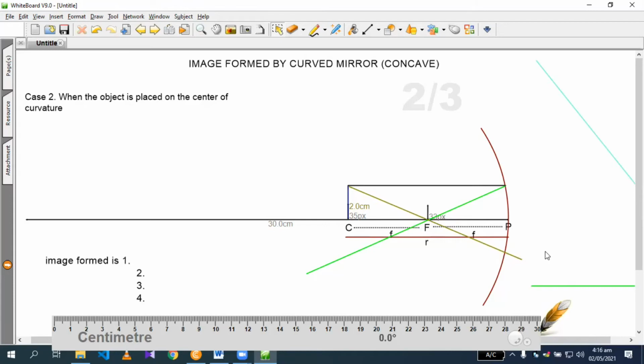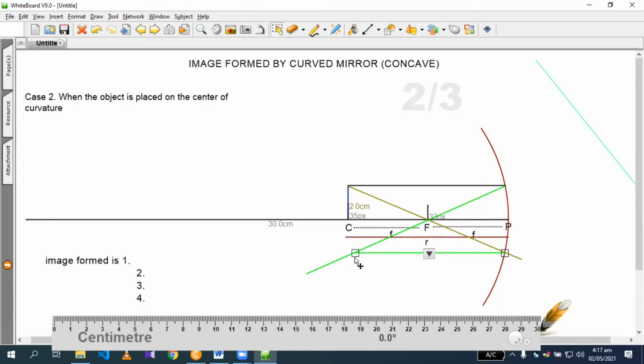That too will hit the mirror, and when that hits the mirror, another ray will be reflected.